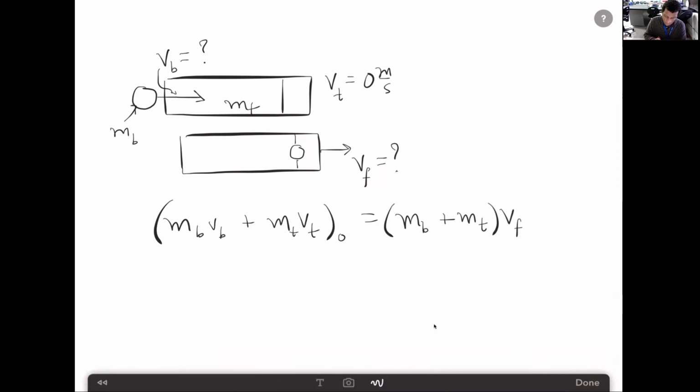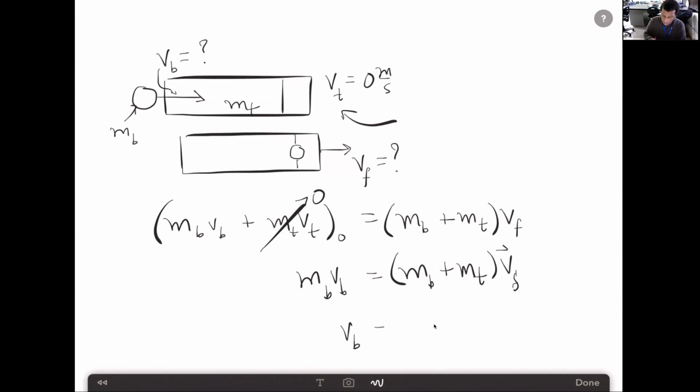So this piece goes to 0 because the velocity of the tube in the initial condition is 0. So we end up with the mass of the ball times the velocity of the ball equals the sum of the mass of the ball plus mass of the tube, times the final velocity. So we're looking for our velocity here of the ball.